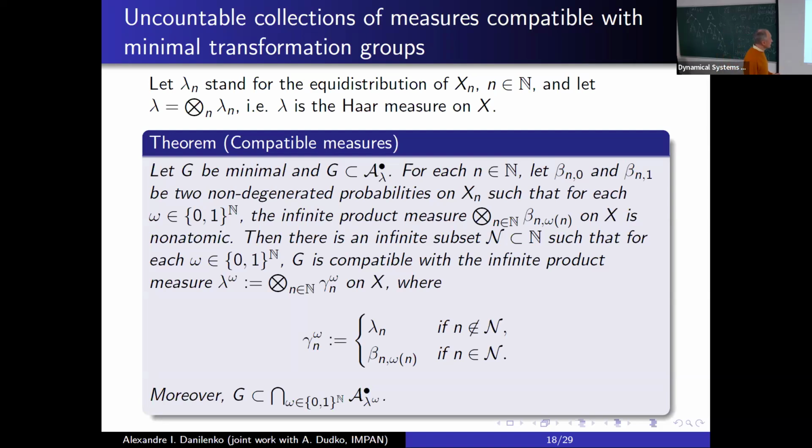And then for each n, fix two measures, beta n0 and beta n1, two probabilities on X n.